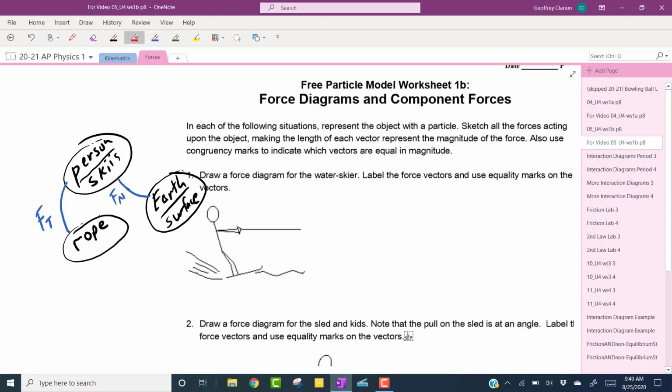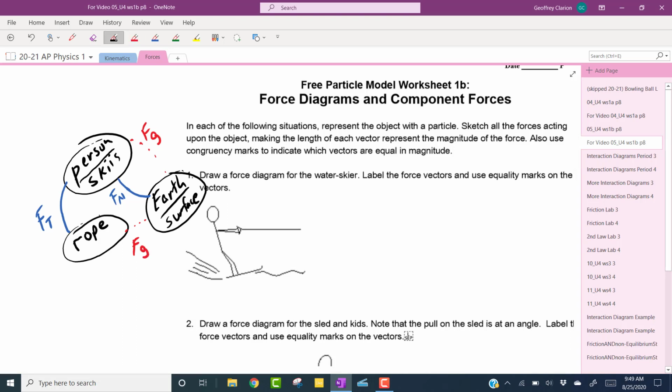Between the person and the Earth, we've got the force due to gravity. I'm going to do dotted lines here, because the force due to gravity is a non-contact force. Between the rope and the Earth, we also have a force due to gravity.